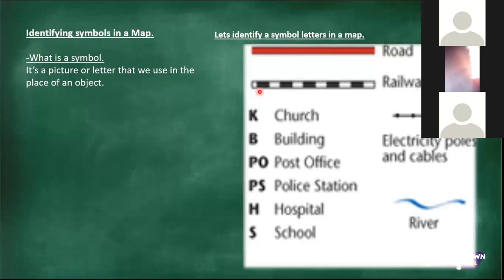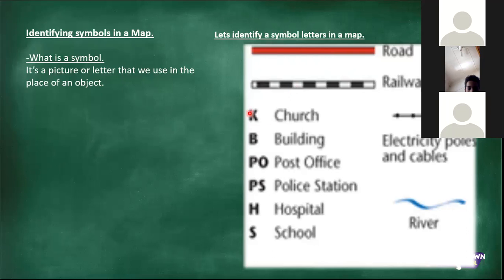This red thing is an object. It symbolizes the road. This black and white thing that I'm pointing at is a railway. It symbolizes a railway.